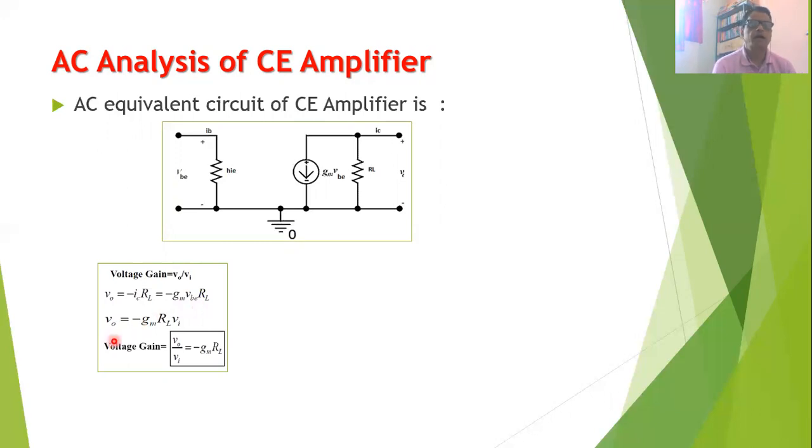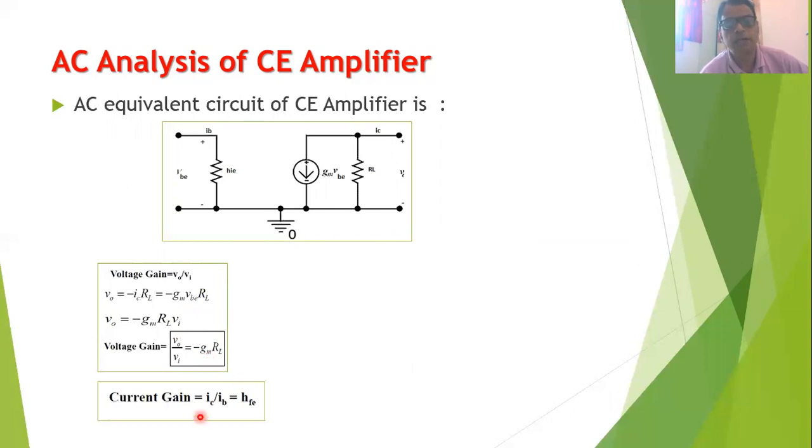Therefore, VO is equal to minus gm into RL into VI, because vb is nothing but the input voltage VI, and so the voltage gain VO divided by VI is equal to minus gm into RL. The negative sign indicates a phase inversion between the input voltage and output voltage. The voltage gain of the CE amplifier depends upon gm. The higher the value of gm, the higher the voltage gain.